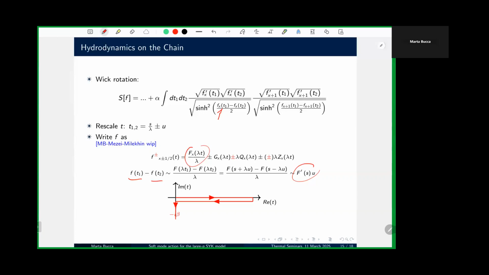So now that you've defined all of this quantity through small f, what you can do is you plug this definition of small f back into your action. So now you're considering both your coupling action, but also the Schwarzian. You then expand for lambda being small, and you take a continuum limit.